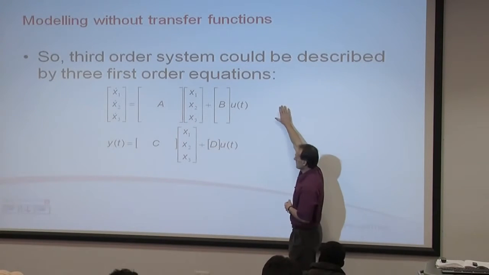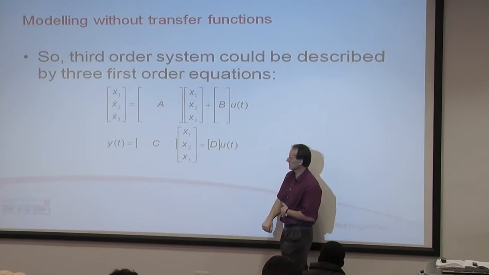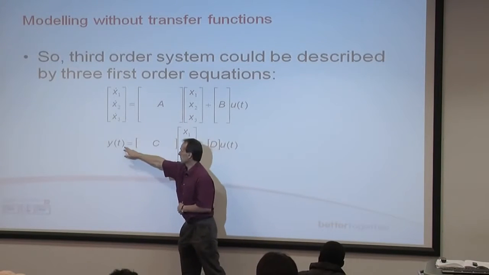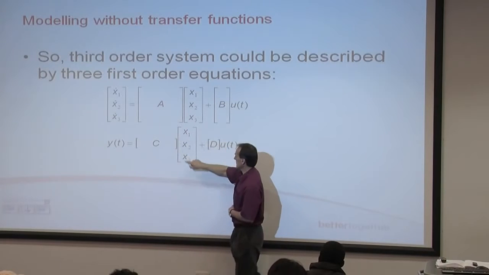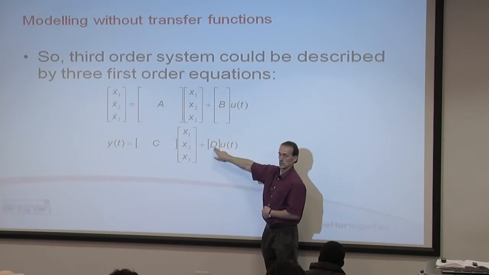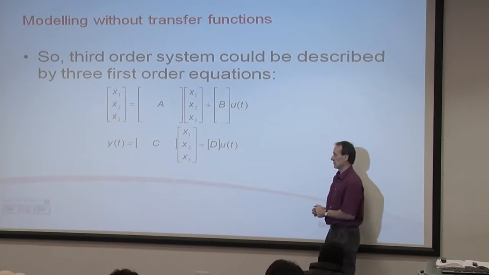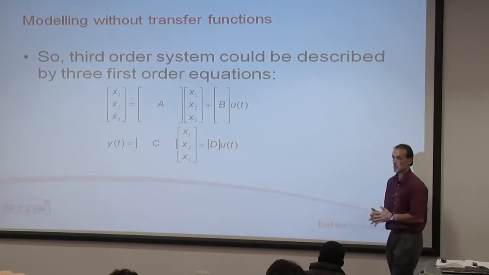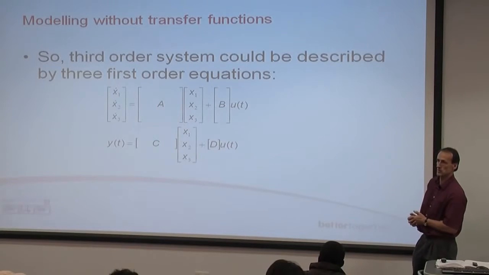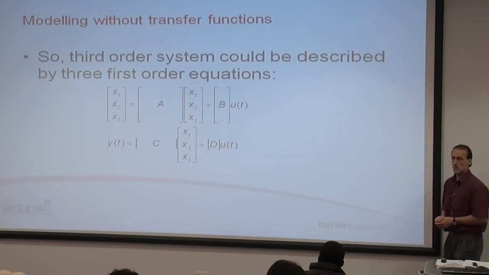So these are the state equations, these are the output equations. Output equals some coefficients times the state variables, plus there might be a direct link through to the input. In many cases, that D matrix is a 0, but at least the structure allows us to put it in there. Okay, and that's a state space representation.